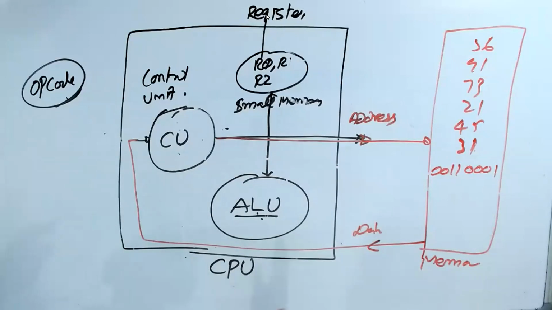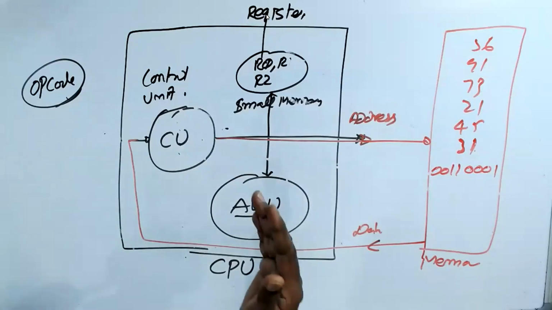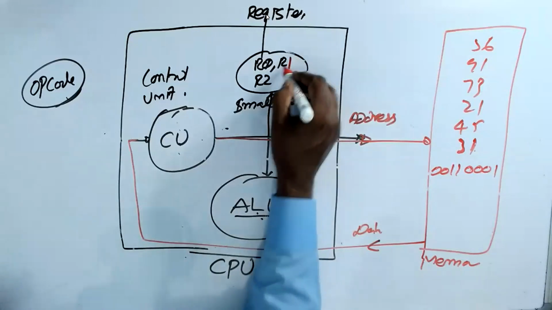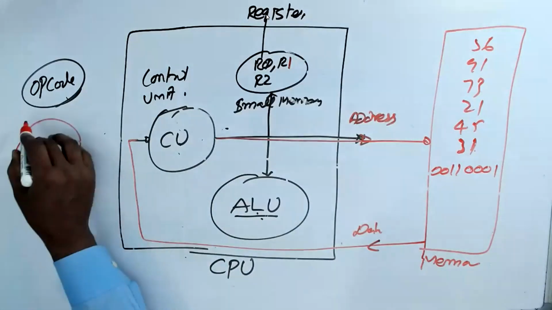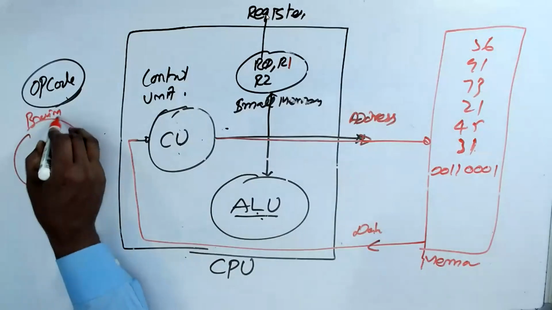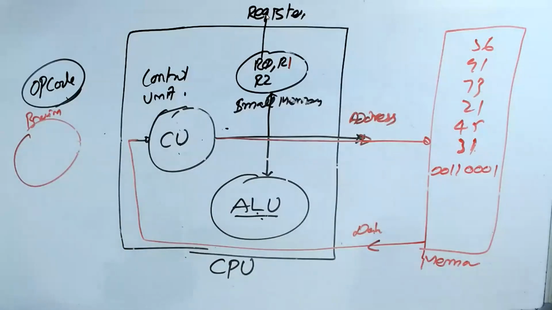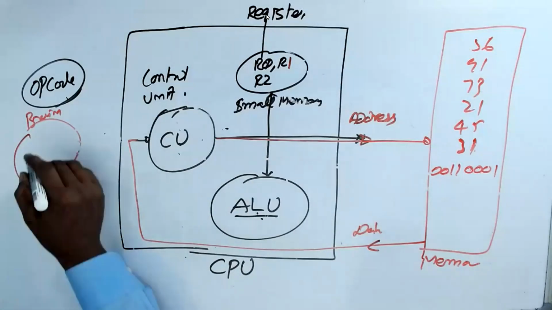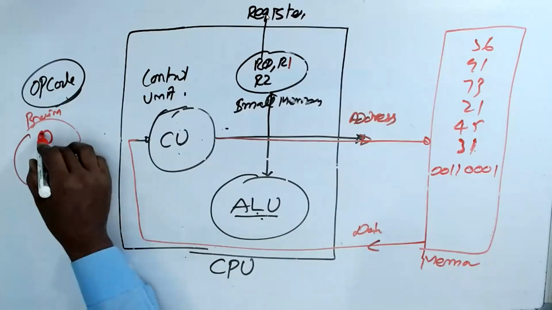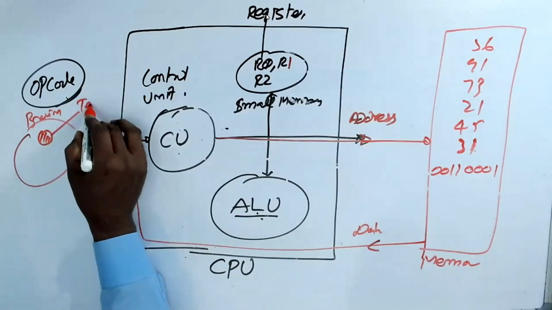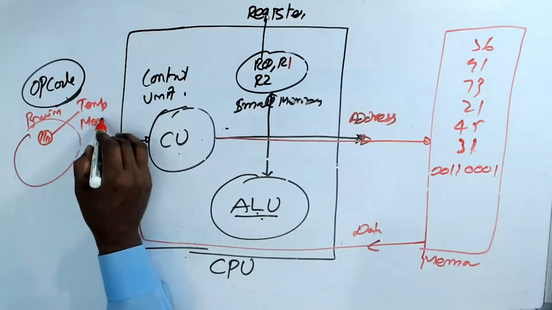But they made one extra change that has changed the whole world. That change was the biggest one in history. What they thought was, hey, like a human being's brain is having a small temporary memory.